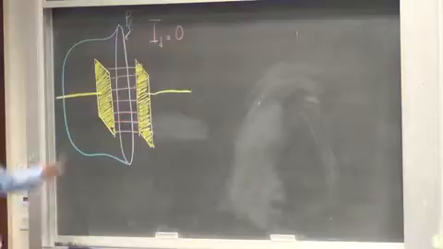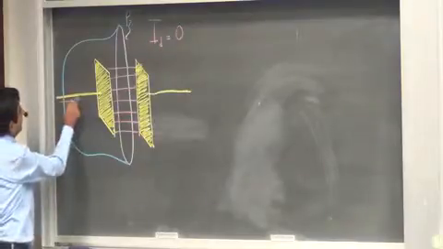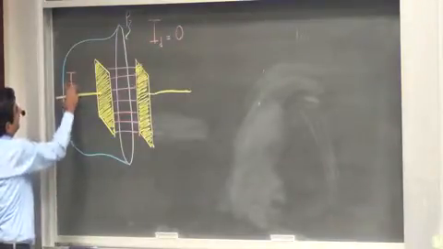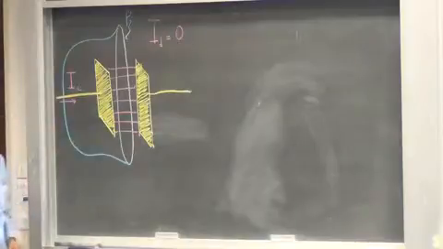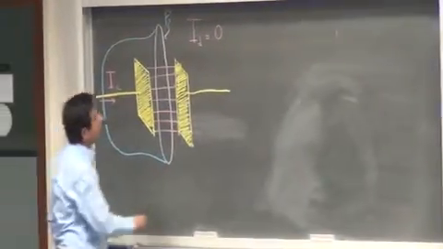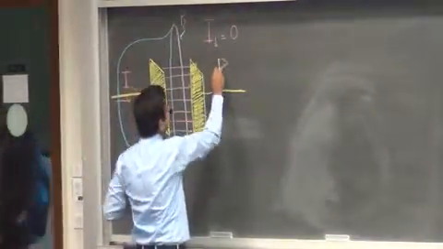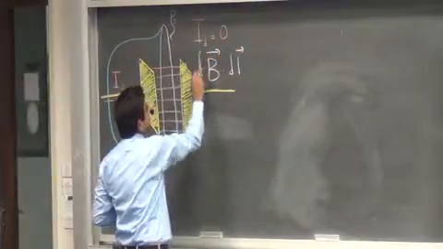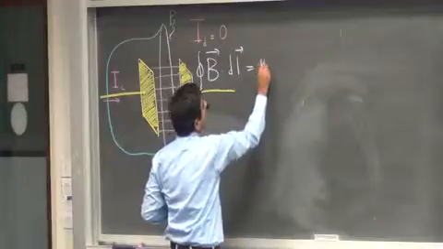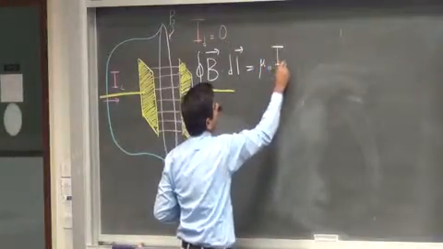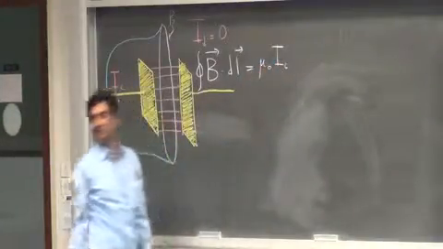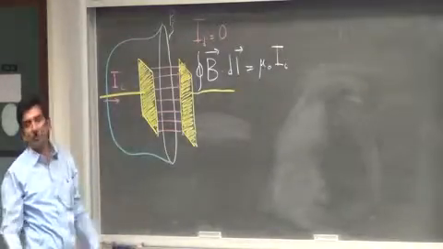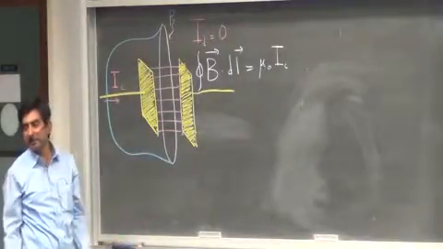However, there is a conduction current IC that pierces this area. So if I use Ampere's law, B dot dl for this area is going to be mu naught IC. And IC is equal to IT. This is something we proved in the previous class.